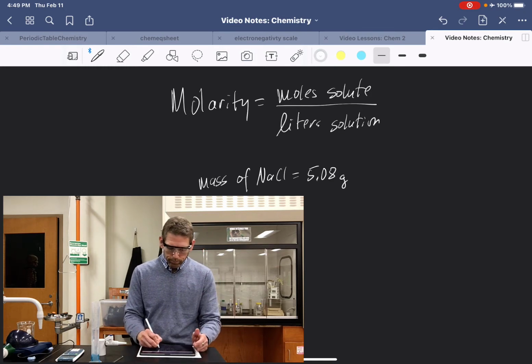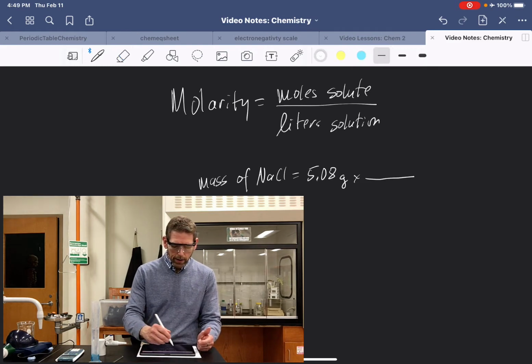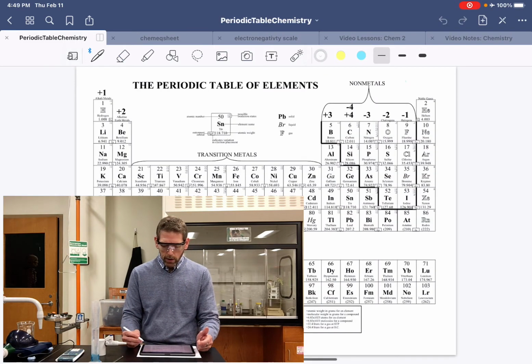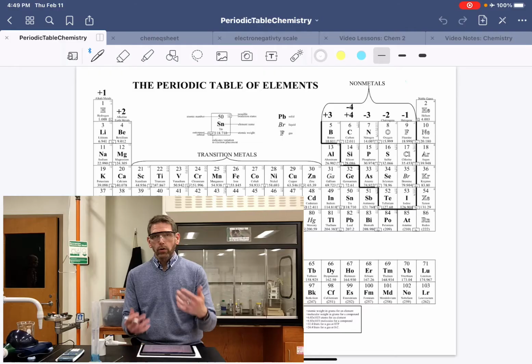So now at this point, what we need is molar mass. If we look back at our periodic table, you would find the mass of your sodium and the mass of the chlorine, and then put those molecular weights together.